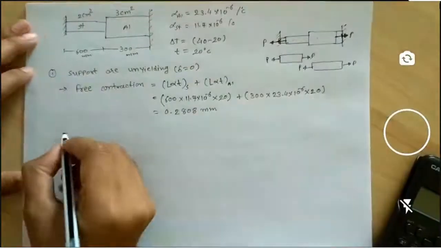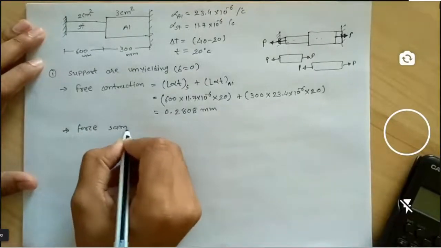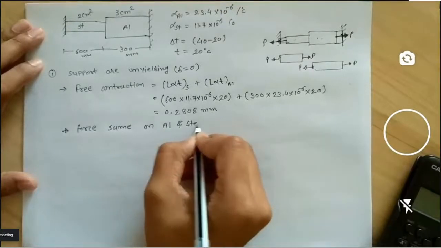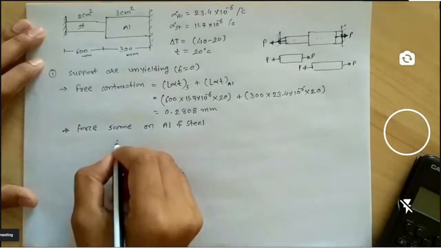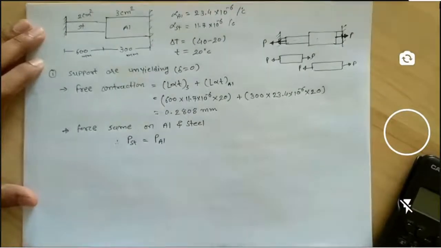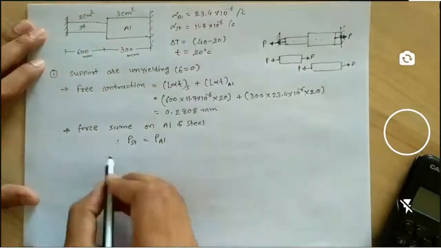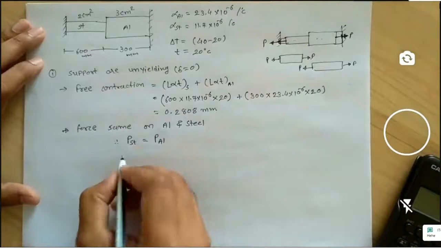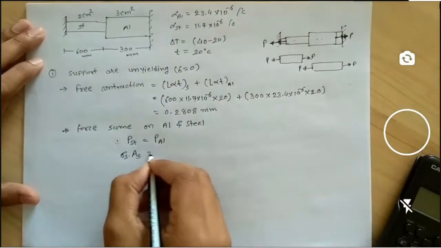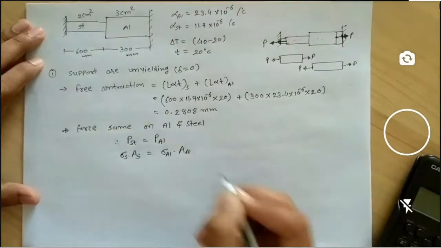So we say that force is the same on aluminum and steel. Okay, so P steel is equal to P aluminum, meaning the pull force by the support on both elements is the same. So the steel section force is given by stress in steel into area of steel, equal to stress in aluminum into area of aluminum.